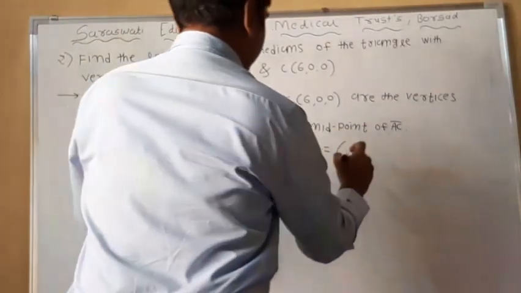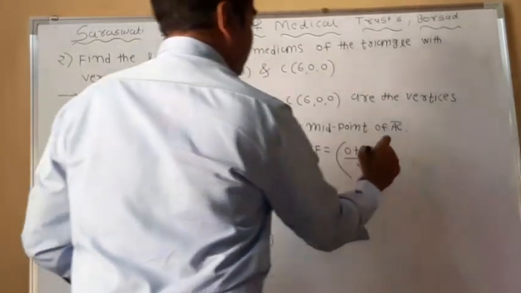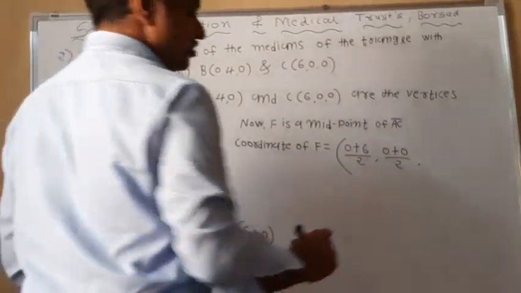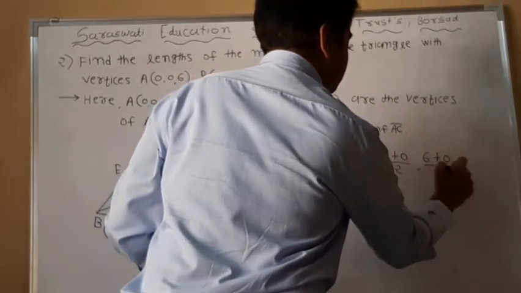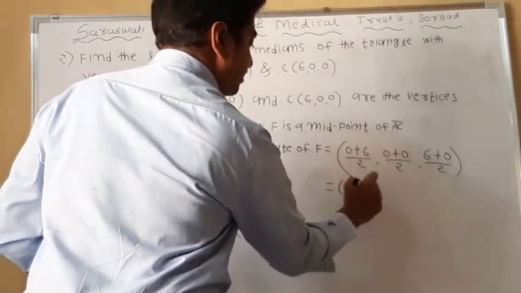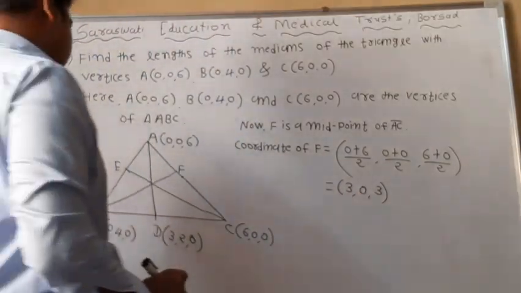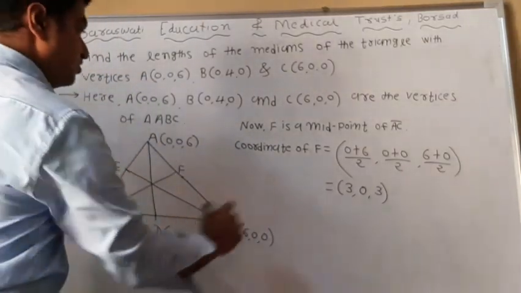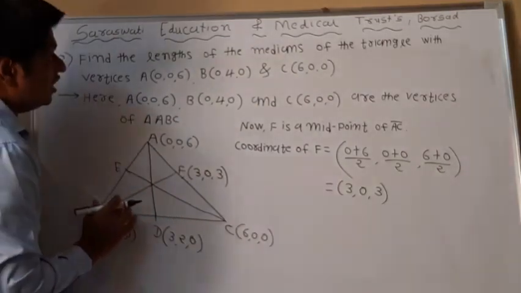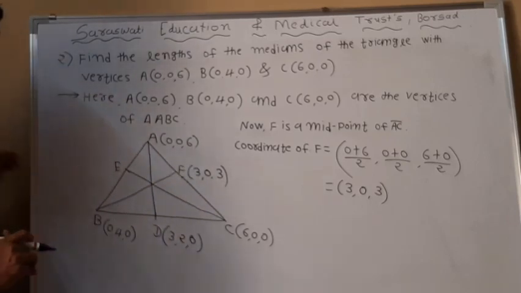So 0 plus 6 divided by 2, 0 plus 0 divided by 2, 6 plus 0 divided by 2. So 6 by 2 means 3, 0, comma 3. So here we get the coordinate of F as 3, 0, 3.